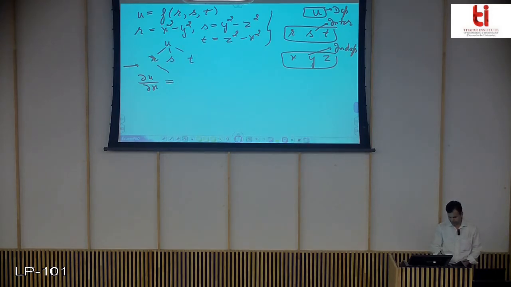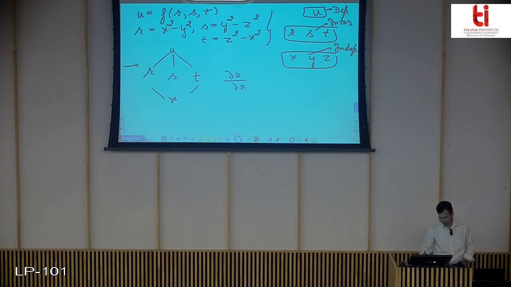For the first time, let me do it as I did in the first lecture, in more detail. So u, a function of r, s and t, and I am going to differentiate it with respect to x.